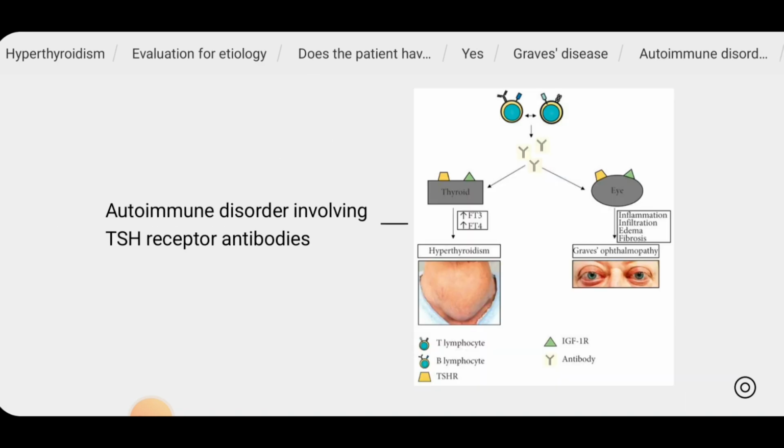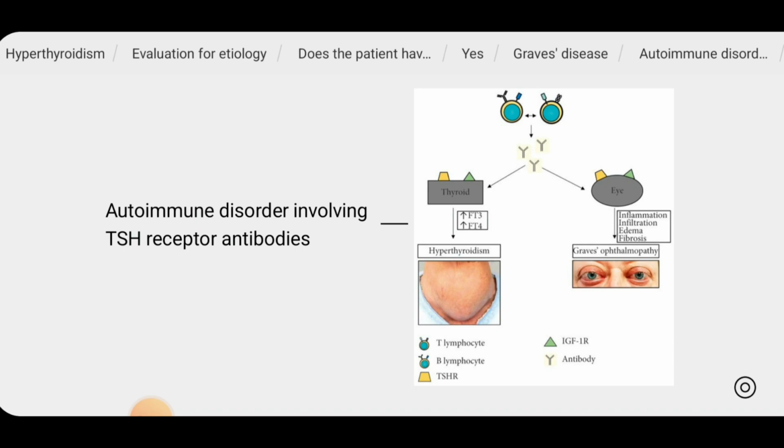As you can see in this picture, like any other autoimmune disorder, the TSH receptor antibodies are produced by the B cells, which act against the body's own tissues, which are the thyroid tissues and the tissues around the eye.